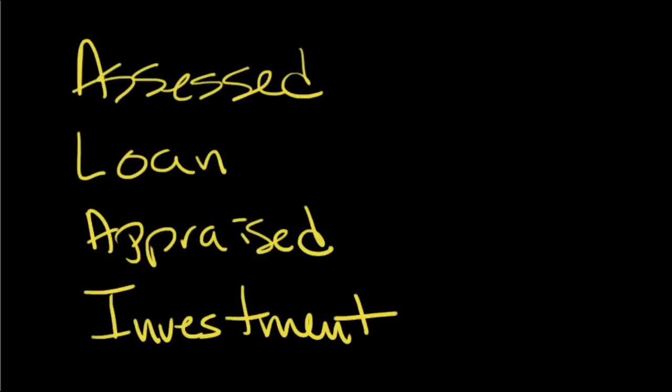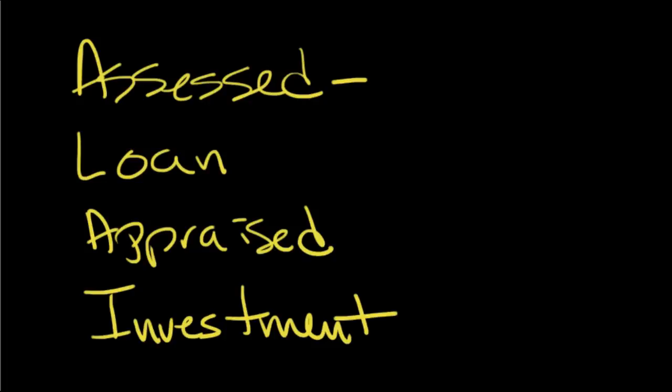So we were talking about value, and we just talked at length about market value and market price, but there are other types of value. There are different ways to look at value, and we're going to talk about several of them right now. One of the most common ways that you hear all the time is assessed value.